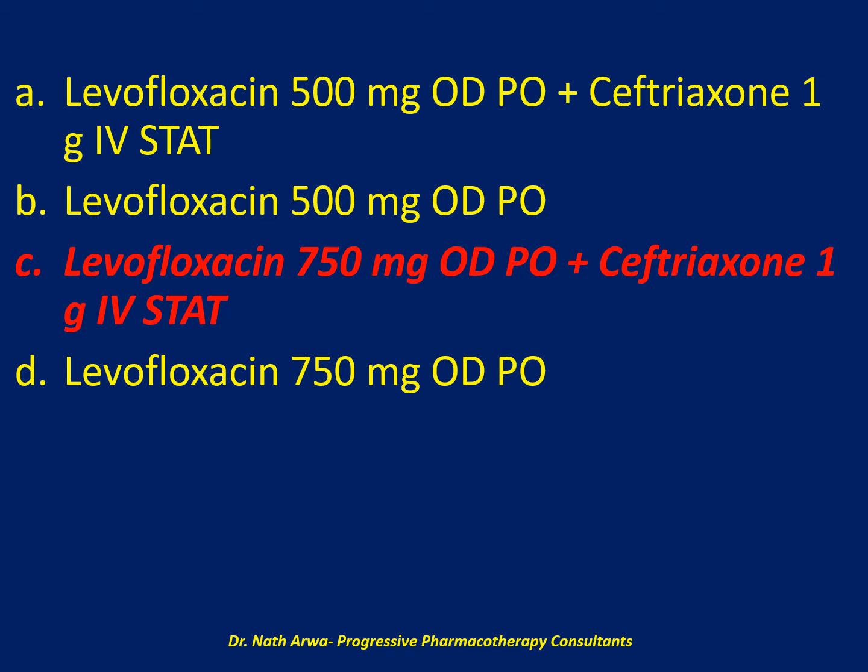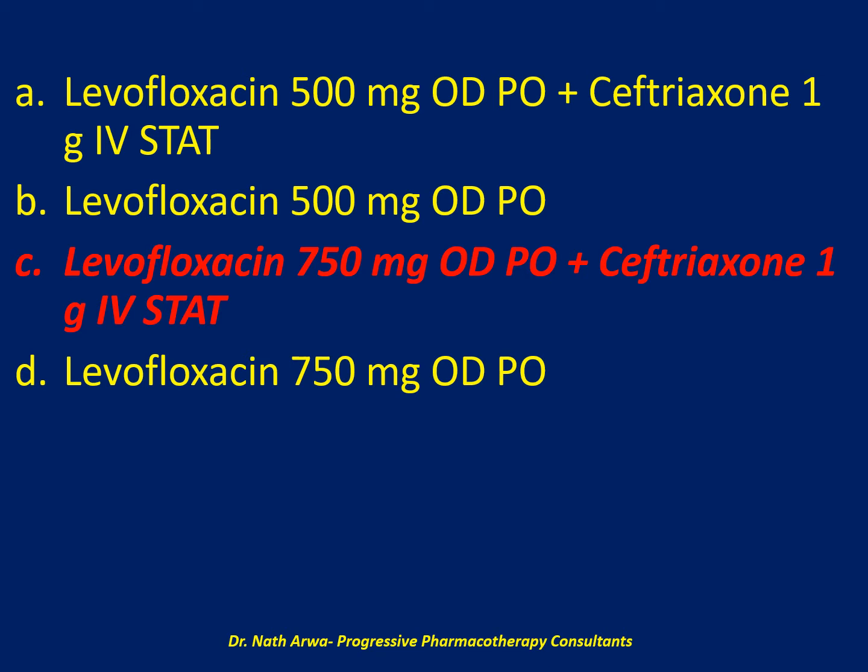I would opt to administer 750 milligrams of levofloxacin orally once daily after administering a single shot of ceftriaxone at a dose of 1 gram IV. Now remember, the IDSA guidelines recommend levofloxacin 750 milligrams orally once a day for 5 days for patients with pyelonephritis.